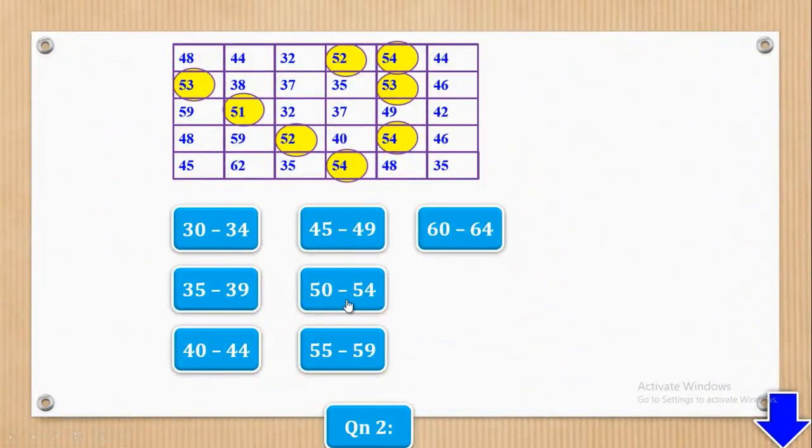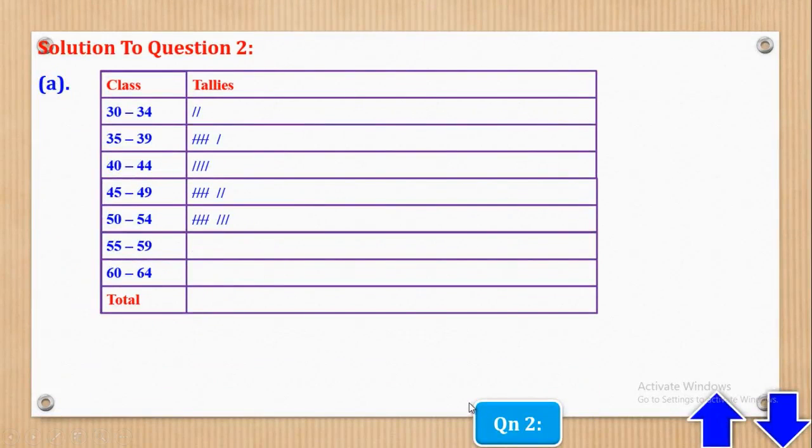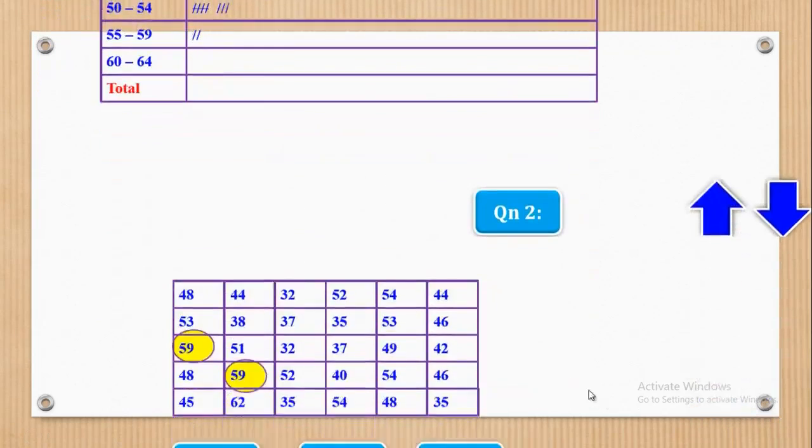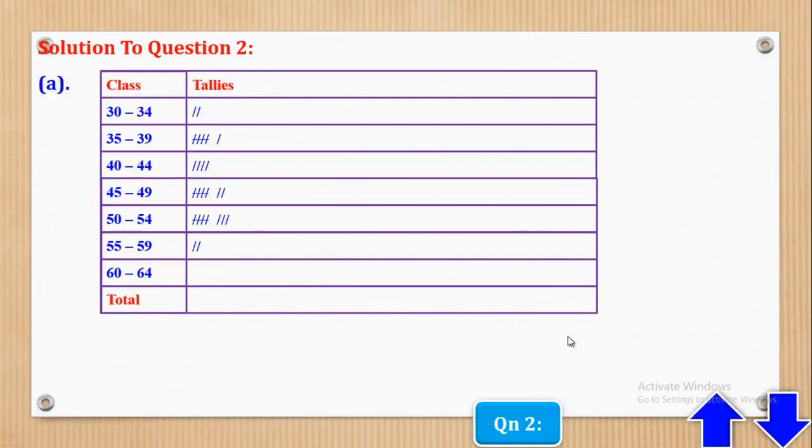So I'll first remove these ones and then highlight the ones from 55 to 59. So there are only 2, so I'll put tallies corresponding to 2. Next is from 60 to 64, so I'll first remove these ones and then highlight the ones from 60 to 64, and it's only 1, so I'll put tally corresponding to 1.